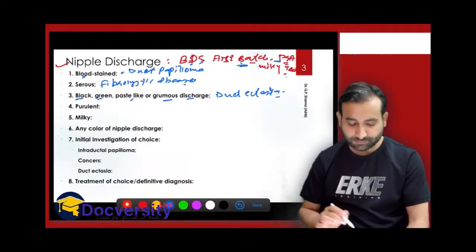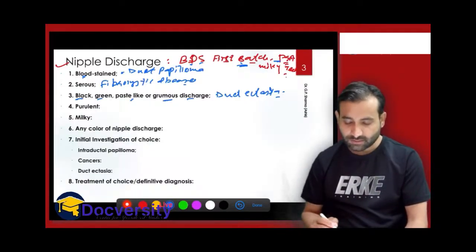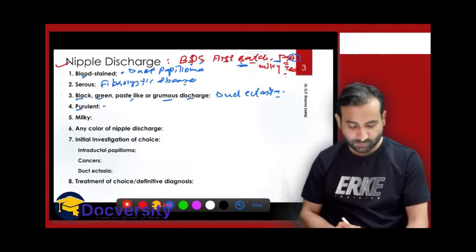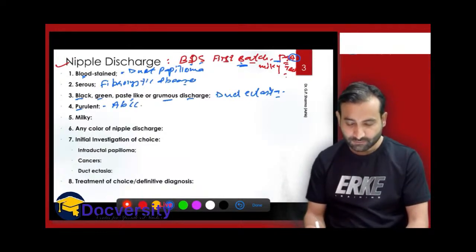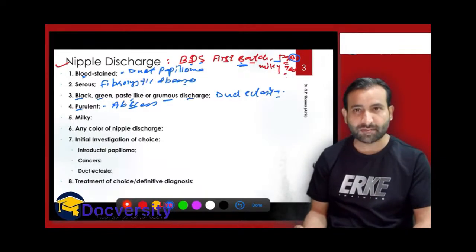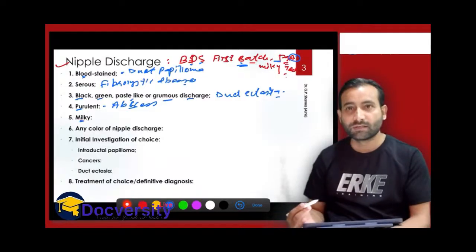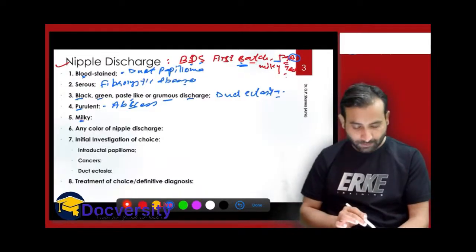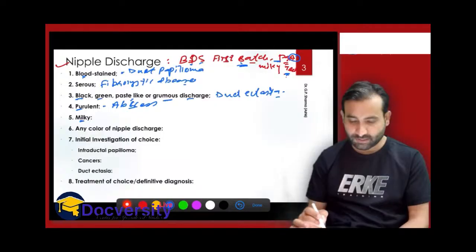Then you have the practice, means you have the pus, right? Purulent discharge means pus discharge. You will have the abscess, breast abscess. Okay, breast abscess. And then the milky means milk discharge, right? Then milky discharge, we have written over here the teeth, right?